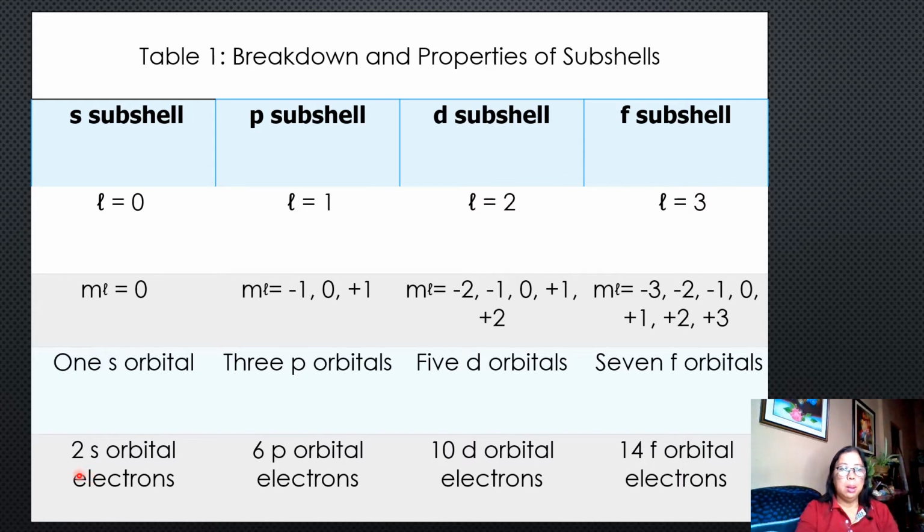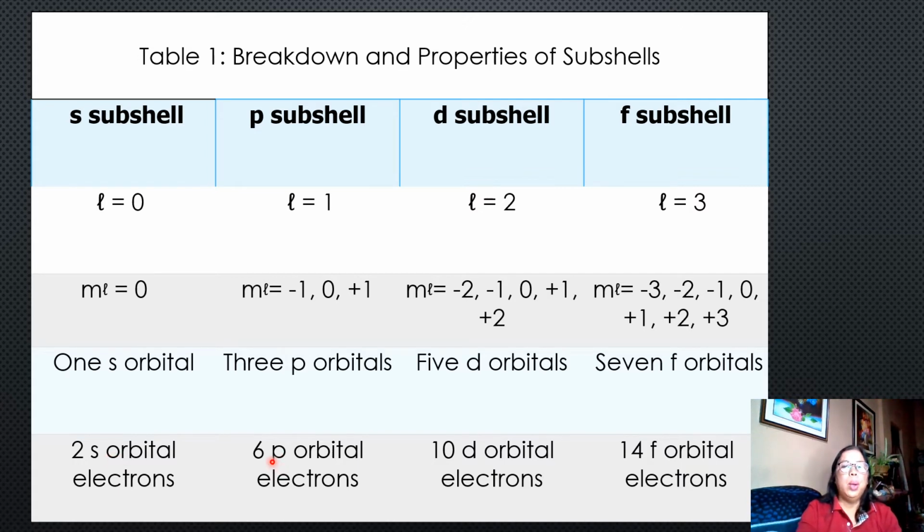For the maximum number of electrons, you have 2 for s, 6 for p, 10 for d, and then 14 for f. That's why we have 1s2, 2s2, but we could never have s3.